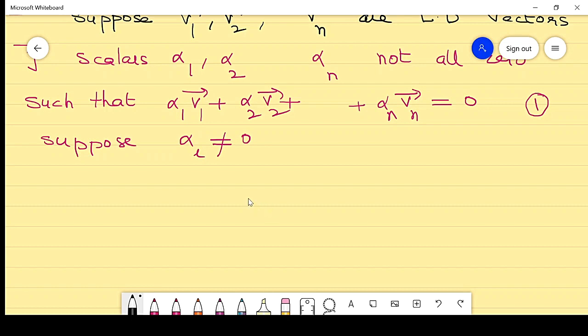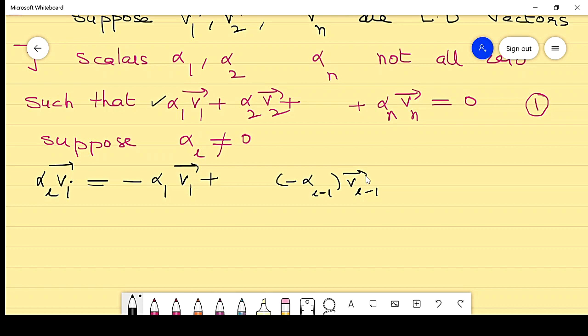If alpha i is not equal to 0, this linear combination can be written as alpha i vi vector equal to minus alpha 1 v1 plus and so on, minus alpha i minus 1 vi minus 1 vector, minus alpha i plus 1 vi plus 1 vector and so on, minus alpha n vn vector.